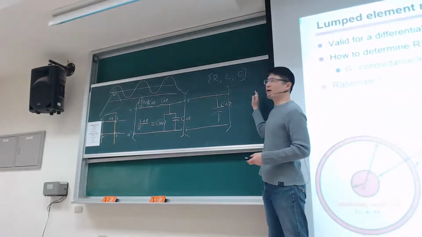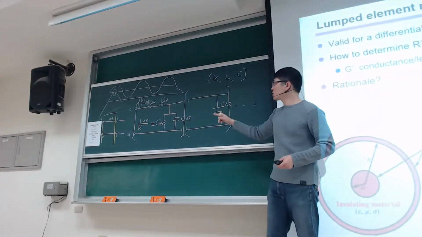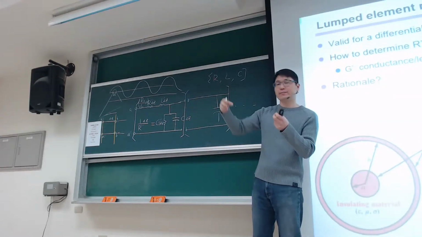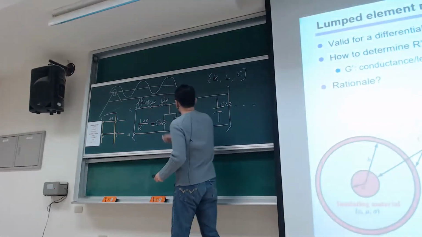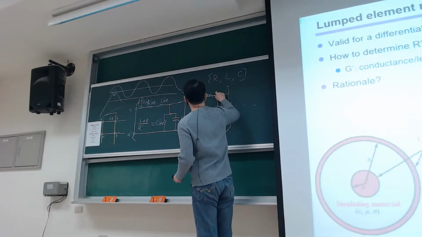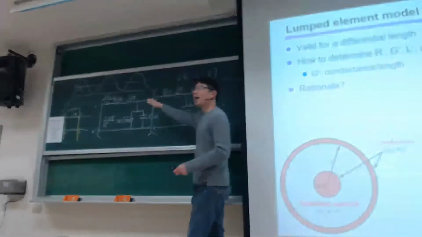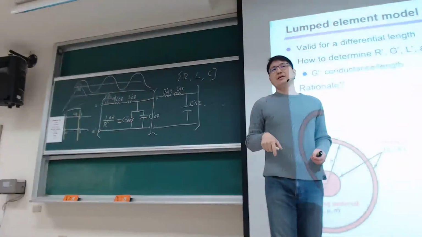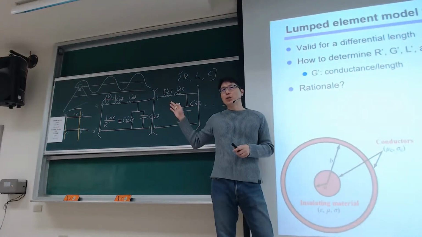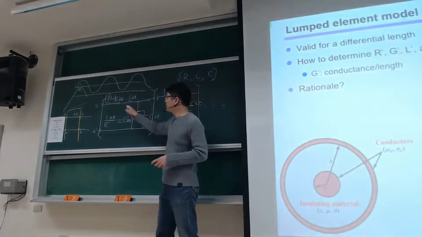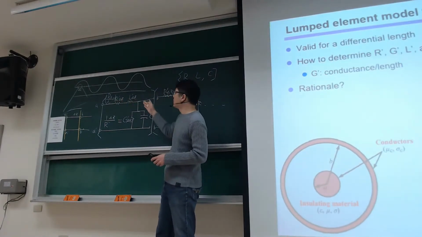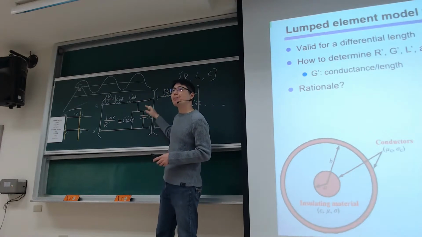If you connect 1,000 differential segments, eventually the C values all add up as you connect one after the other. Resistors and inductors also add up in series. So this is the reason behind the equivalent model: resistors and inductors connected in series, but capacitors connected in parallel.